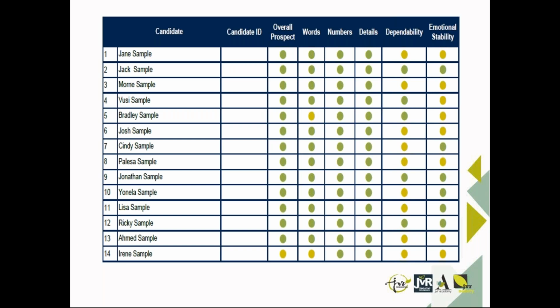The table has been ranked according to the overall score from your highest to your lowest. So again, your good prospects will be on top, then your prospects, and if we had any screened out in this sample, they would have been at the bottom under candidate number 14. There is no other ranking within these three levels, so a candidate near the top of the good prospects cannot be said to be a better prospect to one near the bottom.